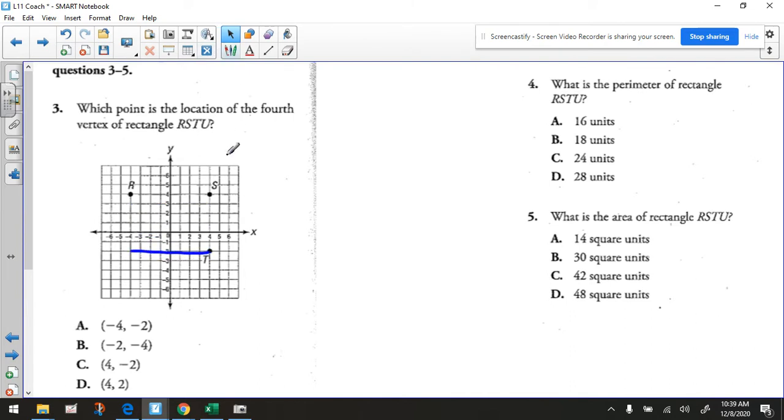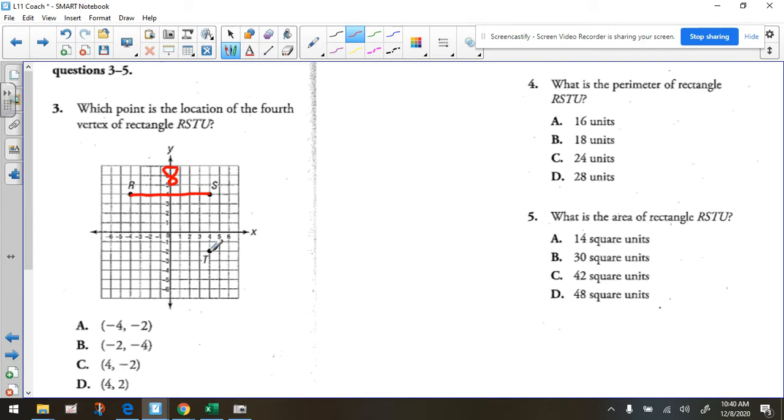It's a good idea to use these 2 points to count the distance between them so that you can keep track on the bottom part. You can visually see where it's going to be, but let's talk about how you would do that. I would count from either S to R or R to S: 1, 2, 3, 4, 5, 6, 7, 8 units going that way.